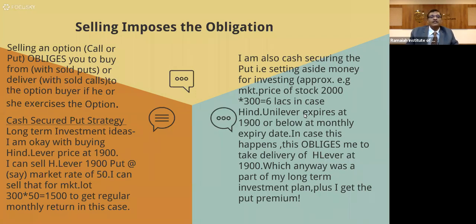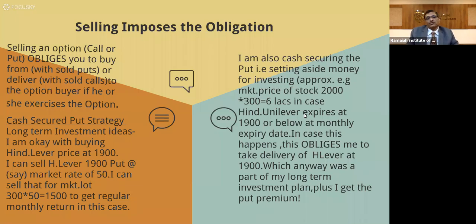So this is one of the examples of how you leverage the definition. Now I'm trying to leverage the definition of the obligation which is imposed on me as a seller of a put. I'm taking the delivery of Hindustan Lever, right? And so this is the risk management strategy which I have for the long term. What are the positives?